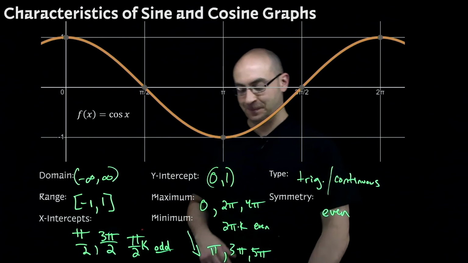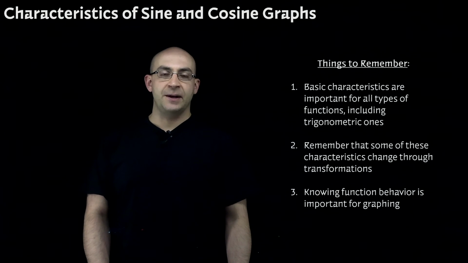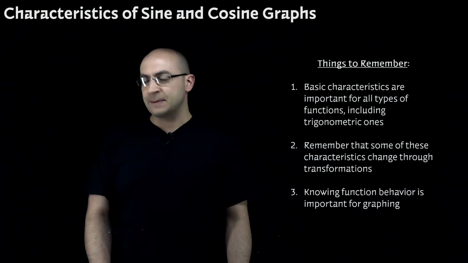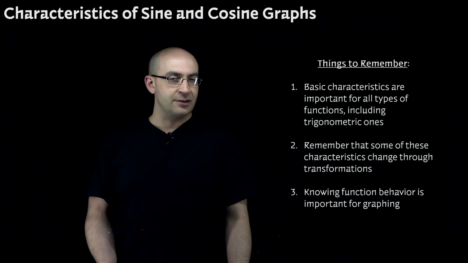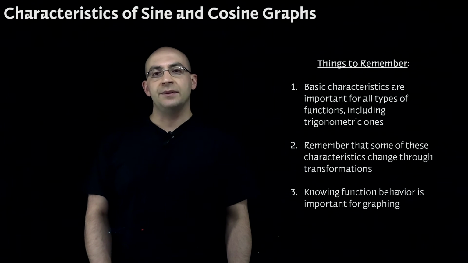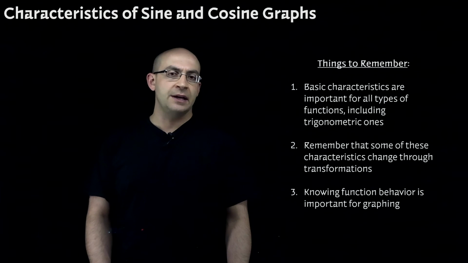Let's finish up. 3 things to remember about this video. Number 1, basic characteristics are very important for all types of functions, any kind of function family we talk about. Specifically here, we're talking about trigonometric functions. It's really important to understand the base characteristics so we can build off of that and start to transform them through graphing and other ways.